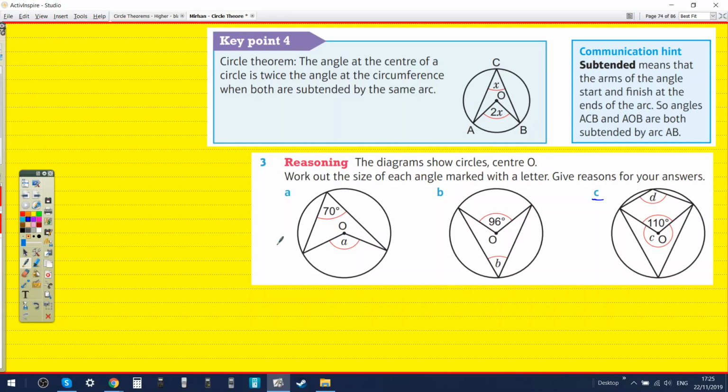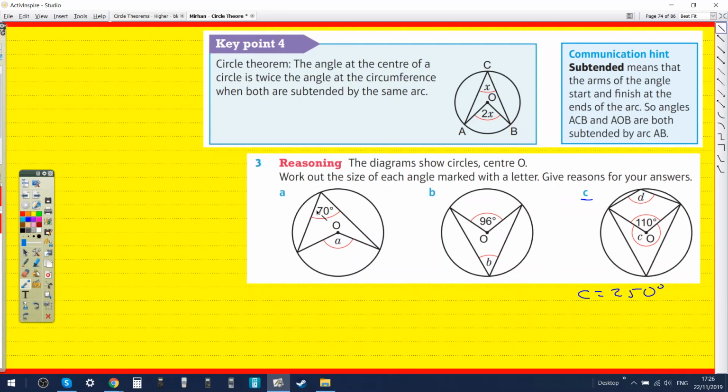Oh, sorry, I got confused. Yeah, I thought it was 70 first time. 360 minus 110? Yeah. Perfect. Gives 250 for angle C, and 250 divided by 2 gives us 125 for angle D. I don't think so. So the arrowhead is facing down. Okay, yes. Sorry, the upside down.